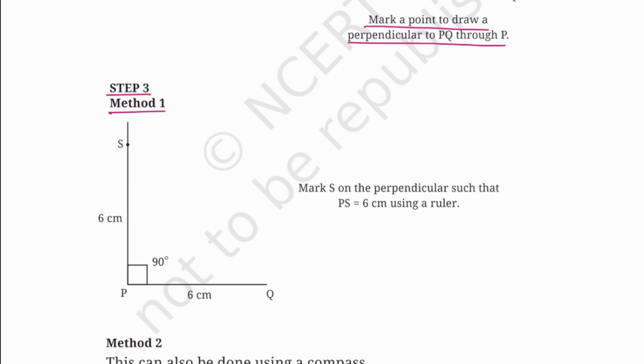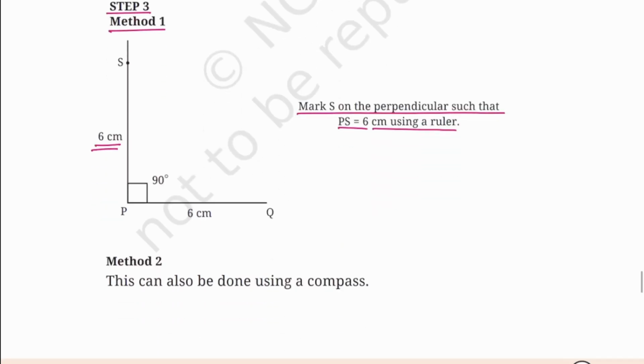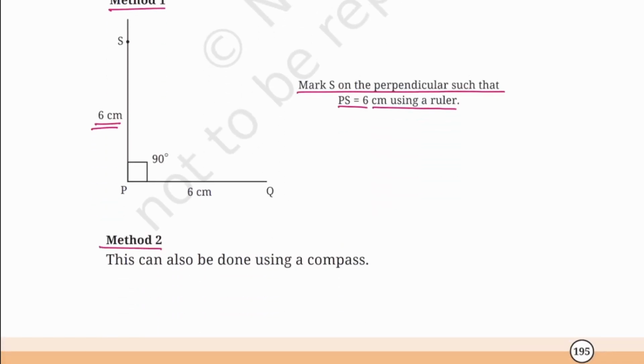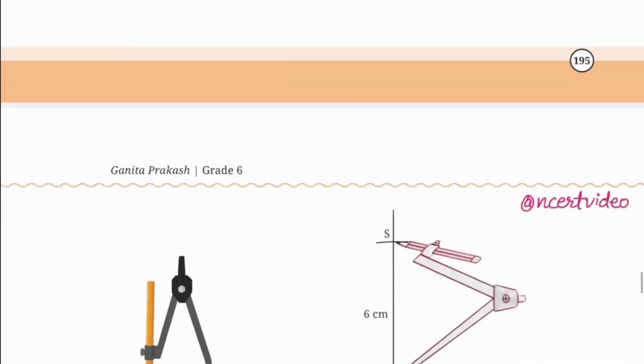Step 3. Method 1. Mark S on the perpendicular such that PS is equal to 6 cm using a ruler. Method 2. This can also be done using a compass.